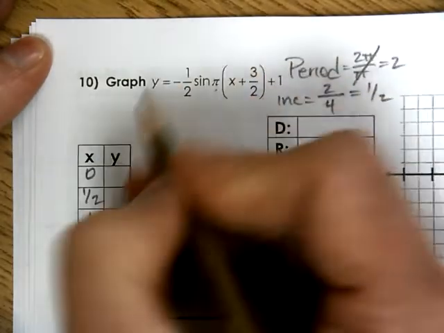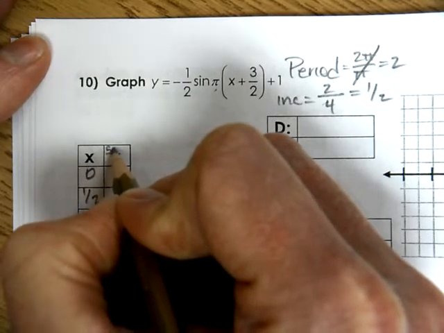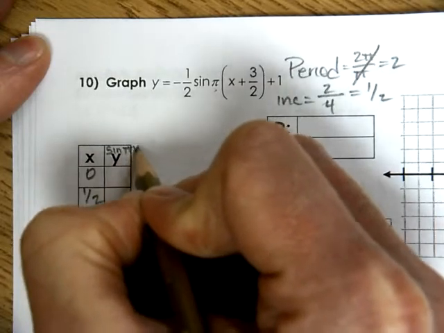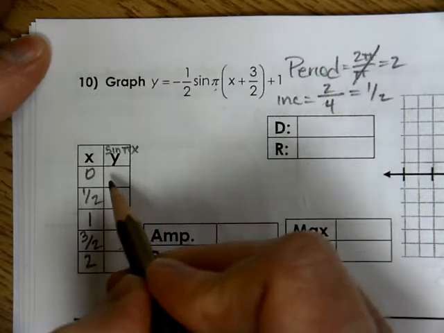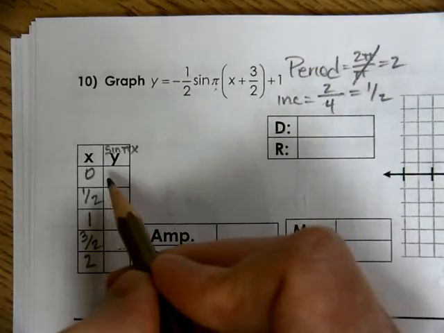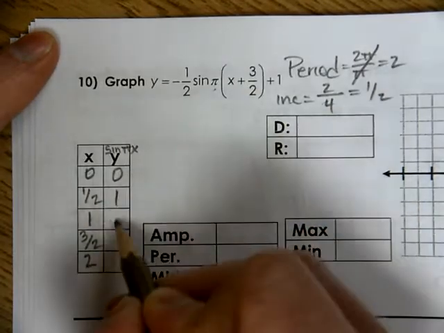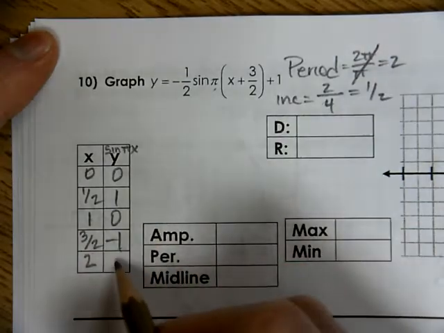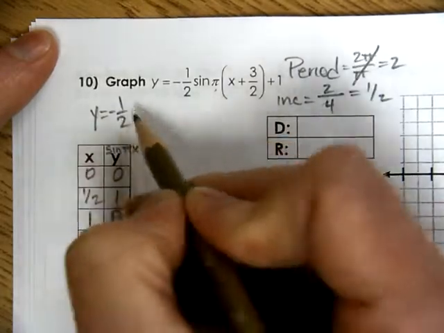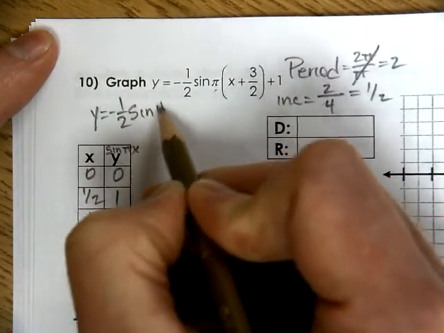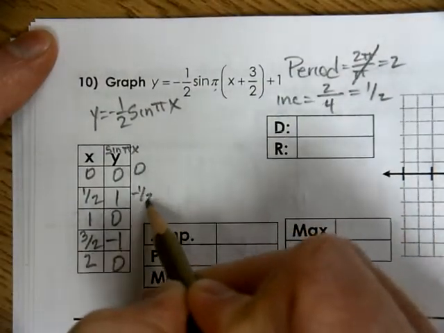This first one here is going to be sine of pi x. Really just sine of x, but pi x, that's fine. The pi part is part of this. And we're going to be at 0, then 1, then 0 and -1, and 0. Then we're going to do y equals -1/2 sine of pi x. That means we multiply all those values by a -1/2.